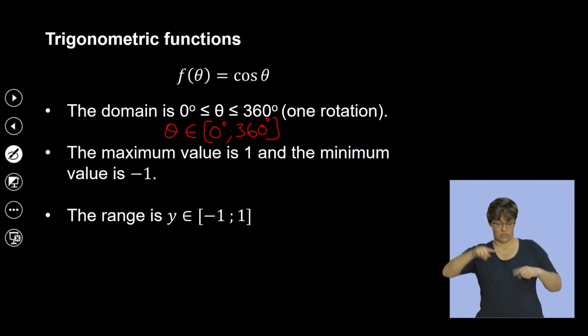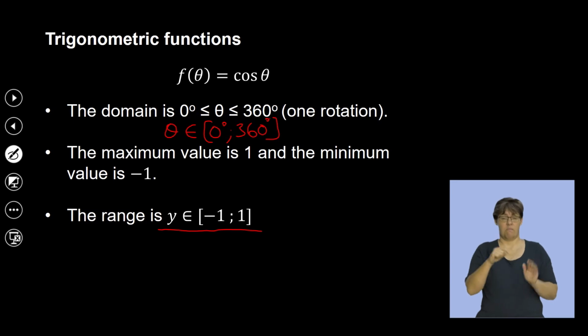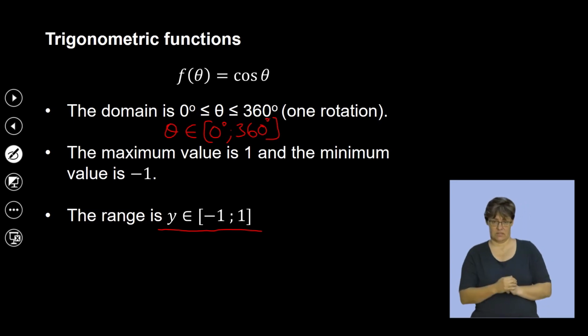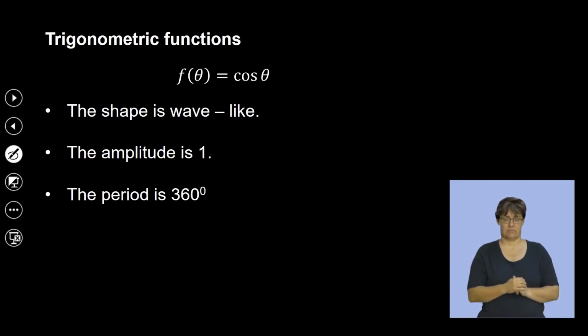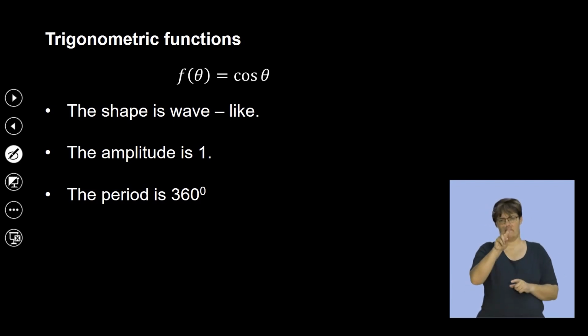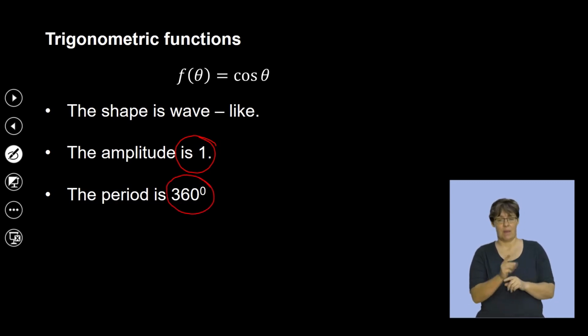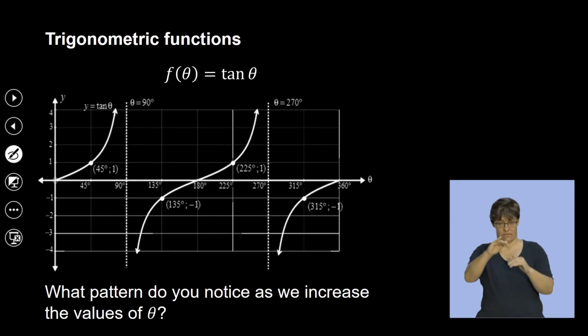Then the range of this, because of the minimum and the maximum, will be from -1 to +1, right? Now, the shape is also still a wave-like shape, the amplitude of this is 1, because remember, max is 1, minimum is -1. So it's still the very same thing if we were to use that formula. And then I did mention that they have the same period of 360 for them to complete one full wave.